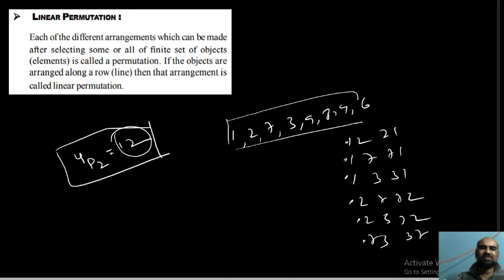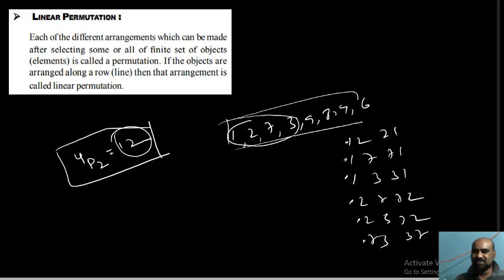Now listen students. First, from these 4 single digits, I choose 2 and arrange them in a row. How many arrangements did I get? I can say 12. So this can mathematically be written as 4P2.